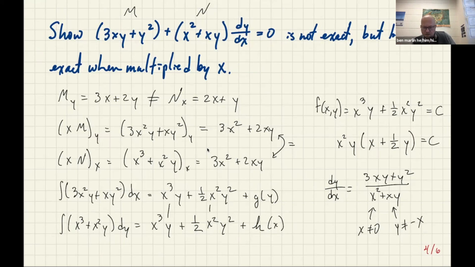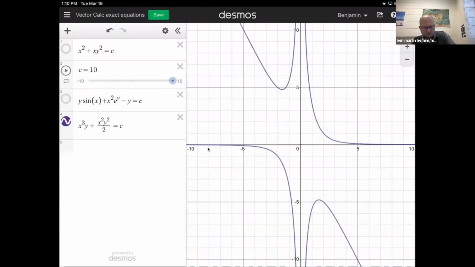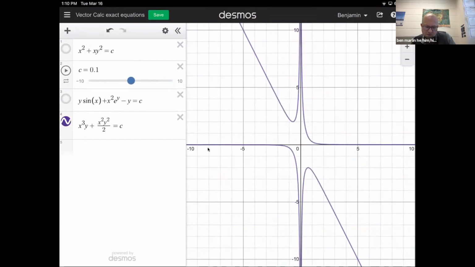So let's go ahead and take a look at the graph that comes with this. I have the C values pushed up to 10 there. Let's put them to 0 if I can. All right, notice that you get drawn there the line y equals 0 and the line y equals minus 2x.